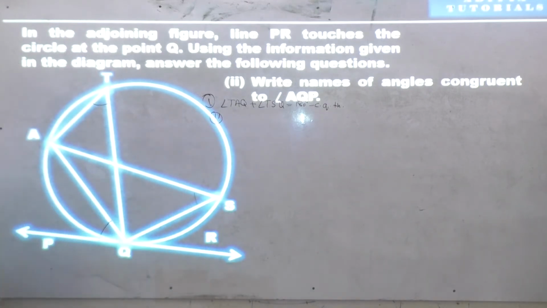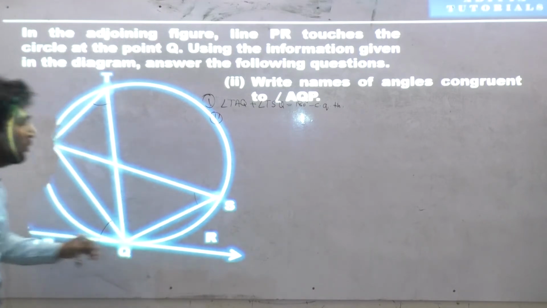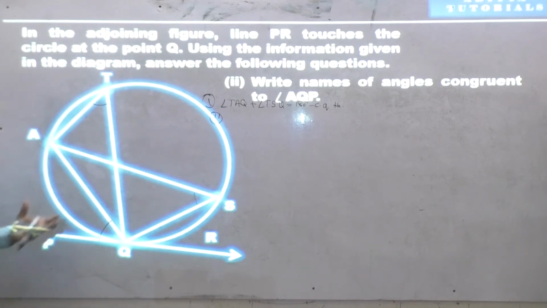Pay attention, angle ATQ is alternate to angle AQP, and angle ASQ is also in the alternate segment to angle AQP.